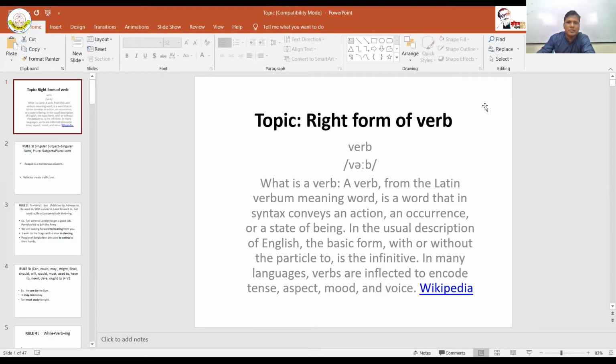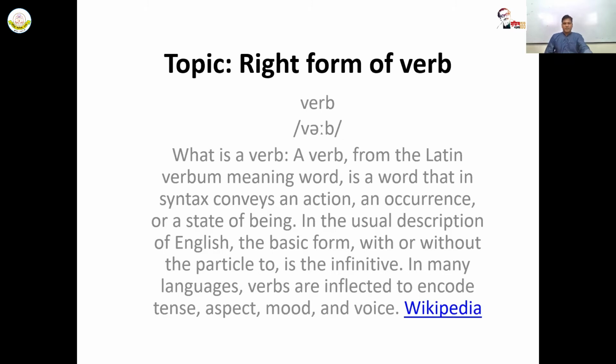You are students of second year, and I hope you are familiar with all the topics and the question format, so I'm not interested in discussing the question pattern or anything else. Directly, I'm going through the class. Today's topic is the right form of verb.